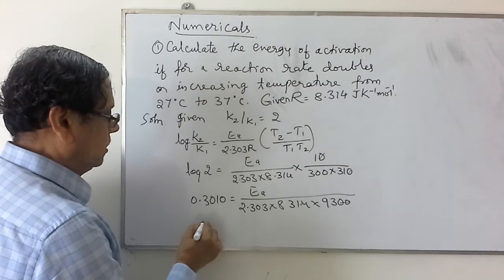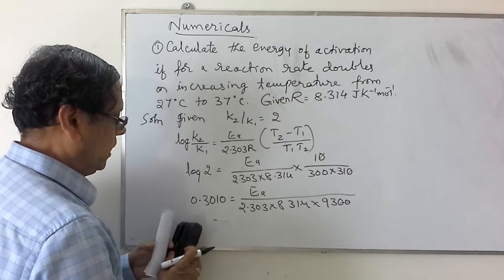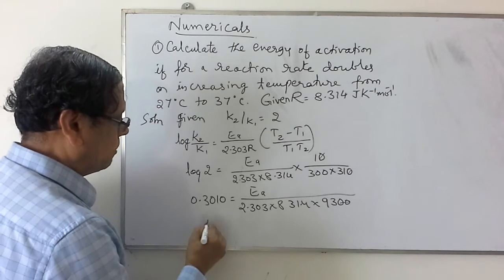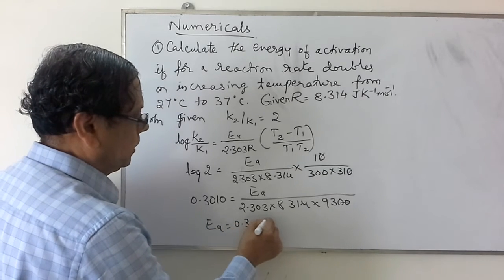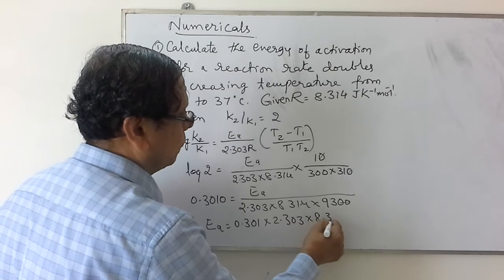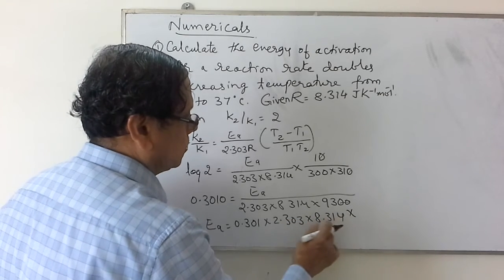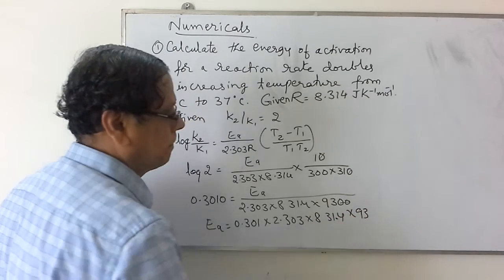So 0.301 Ea is equal to, I can rewrite, Ea equals 0.301 into 2.303 into 8.314, it is 831.4, into 93.